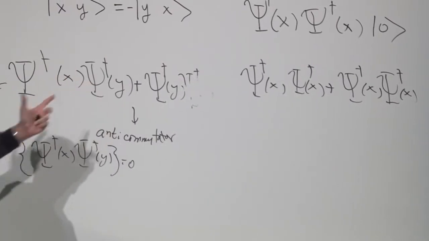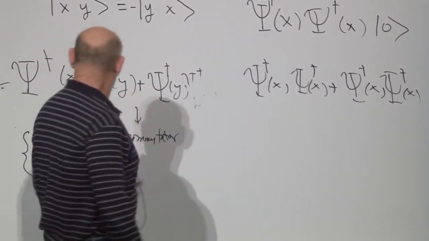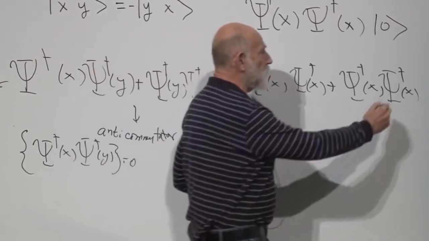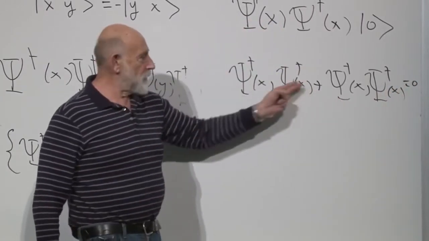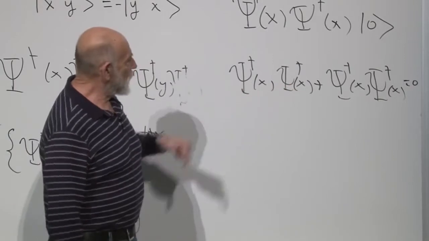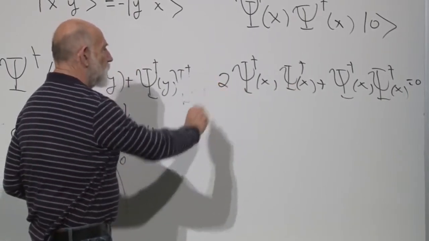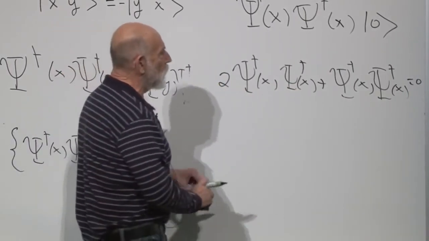I've just replaced y by x, and the statement here is that that should be equal to 0. Well, this operator and this operator are exactly the same. This is just twice psi dagger of x times psi dagger of x equals 0.